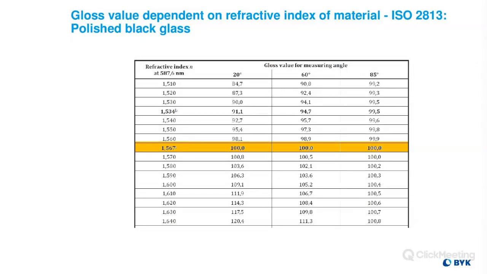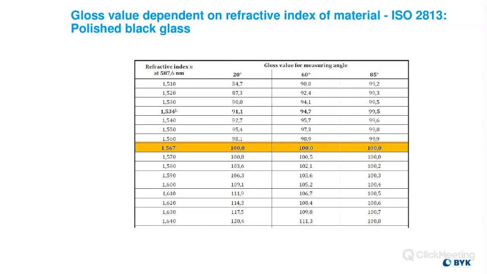And since that one specific black glass with that index of refraction of 1.567 is very, very difficult to find, there's sort of an index of what different refractive indices will read with different gloss angles.